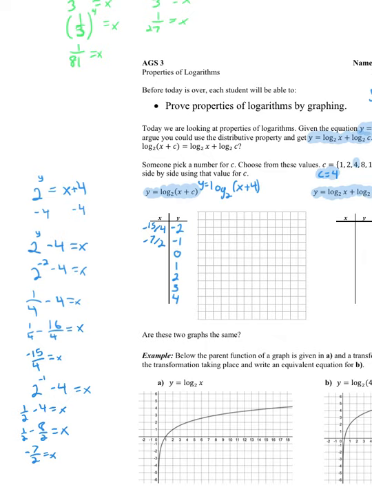Once I have -7/2, now I can go ahead and say 2 to the 0 power minus 4. The rest of them will be a lot easier. 2 to the 0 is 1. 1 minus 4 is -3.